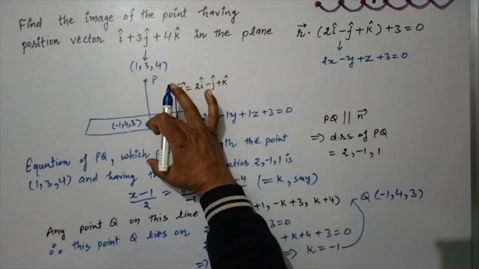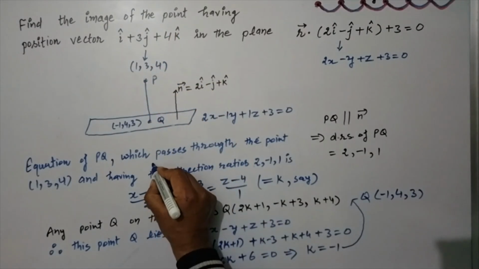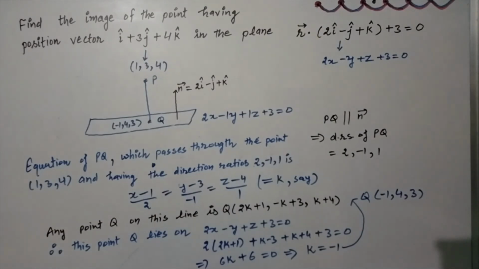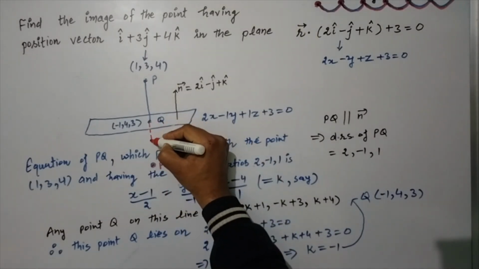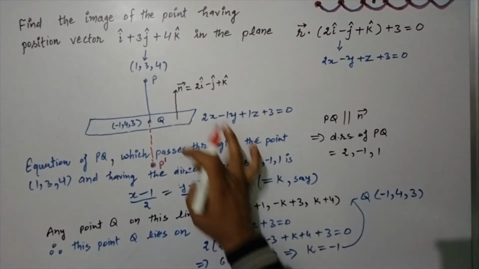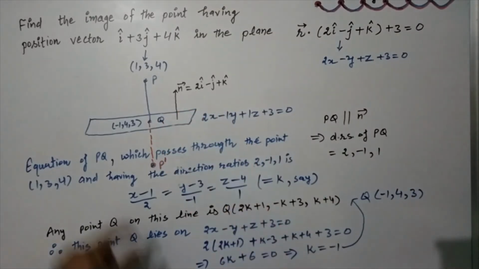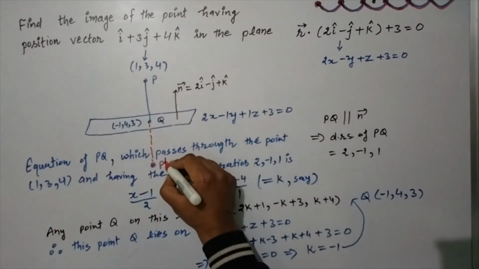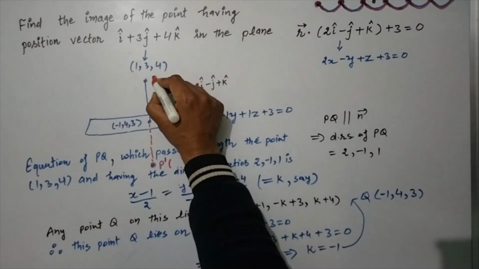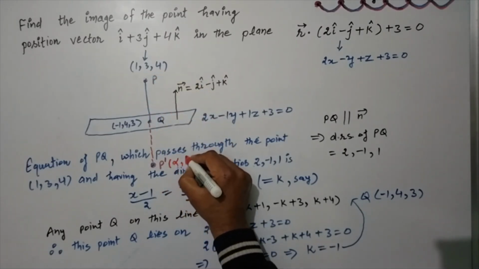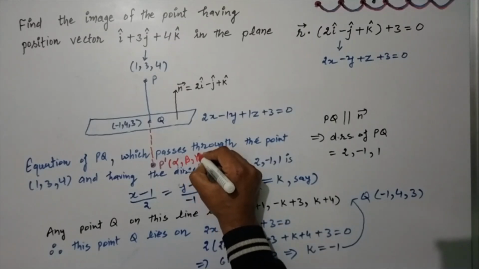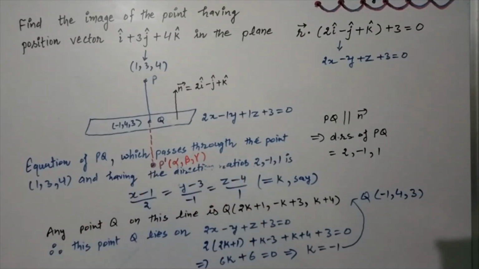The image of this point is at equal distance downward. So this is the point P dash, which is the image of the point P. That is, Q is in the middle of P and P dash. Suppose the image of the point P is P dash, and alpha, beta, gamma are the coordinates of P dash.